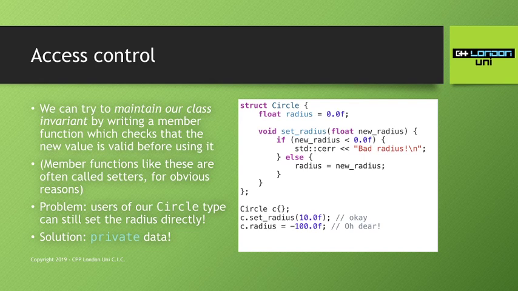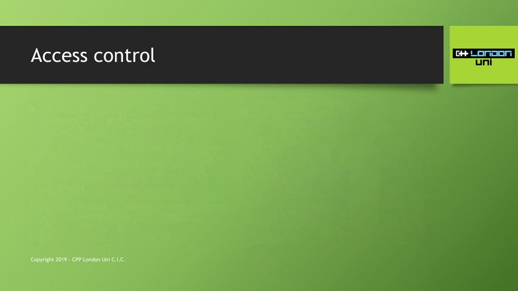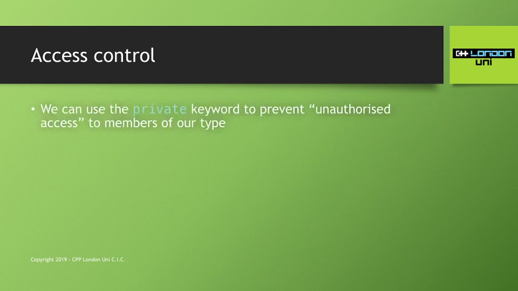Well, we can force people to use setRadius by preventing direct access to the radius member. We do that by means of access control, the private keyword. Use the private keyword to prevent unauthorized access.